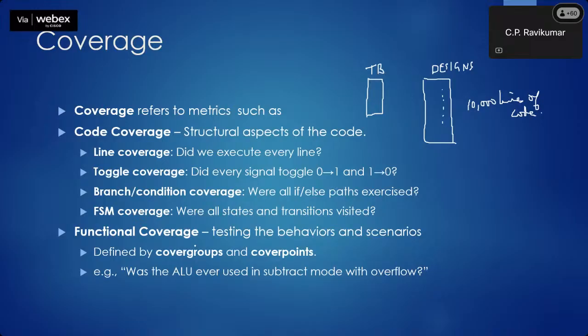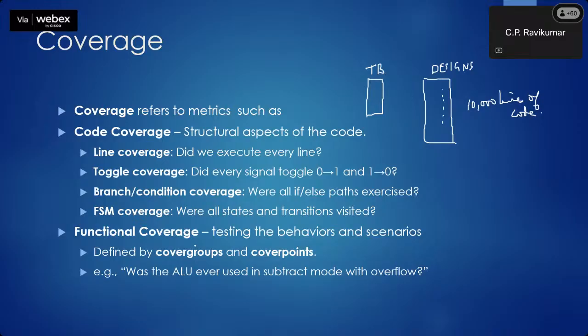So those tests that you conducted, or the verification that you conducted, did any one of them create an overflow situation? In other words, every ALU will have some flags like carry flag, zero flag, overflow. Did the overflow flag ever get set?